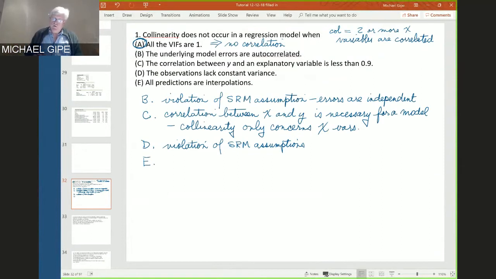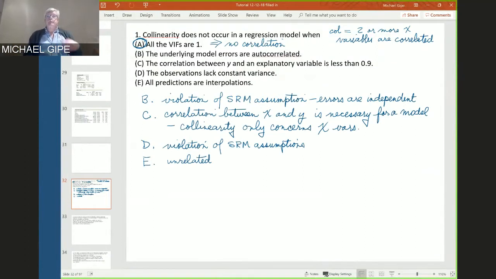And how about all predictions are interpolations? This is really unrelated. The idea here is that if you are doing a prediction using your model, it's best if you only work in the range of X. That would be interpolating values in X. If you go outside of the range of the actual X data you have, you would be extrapolating your model beyond the information you have.